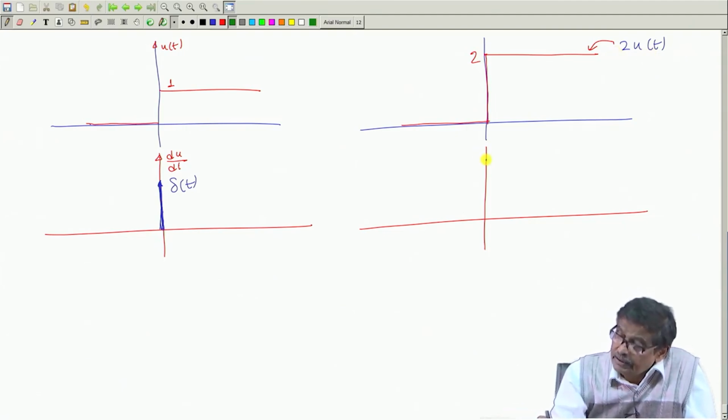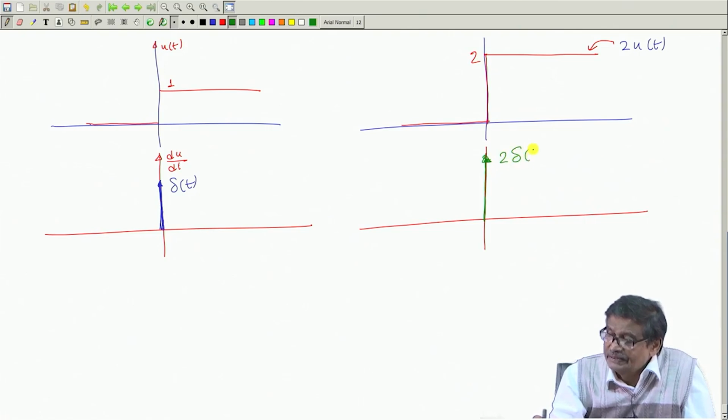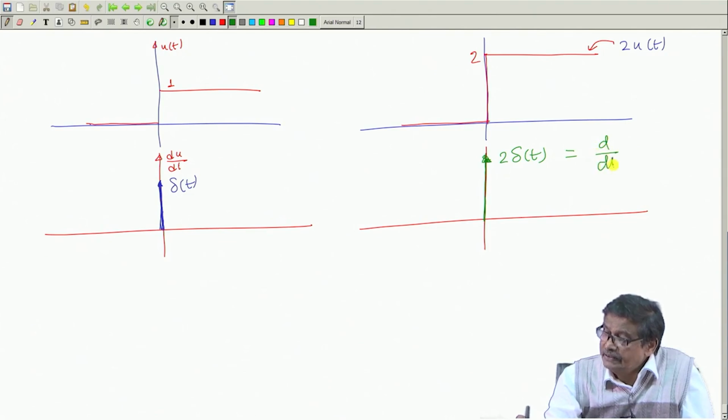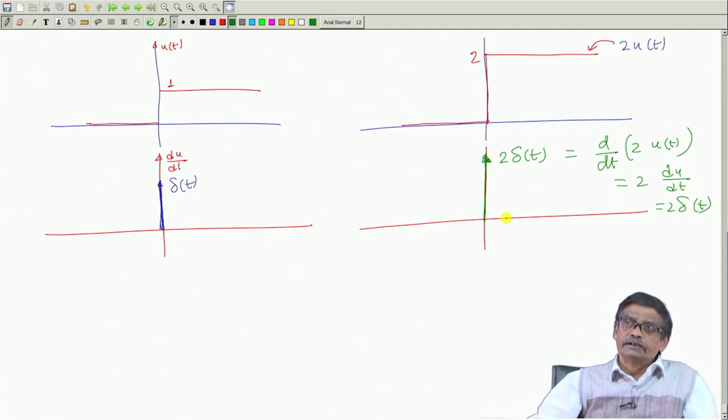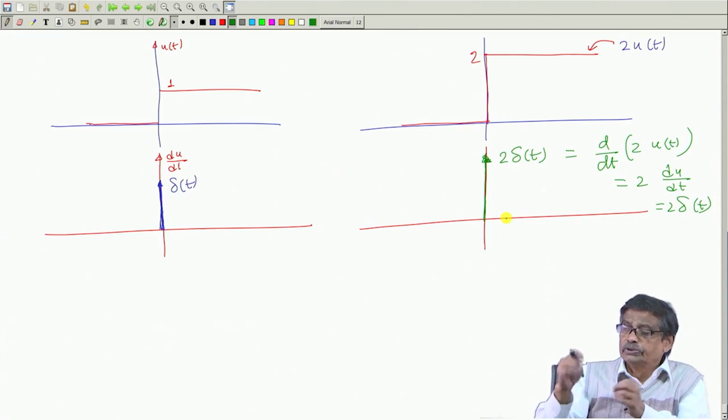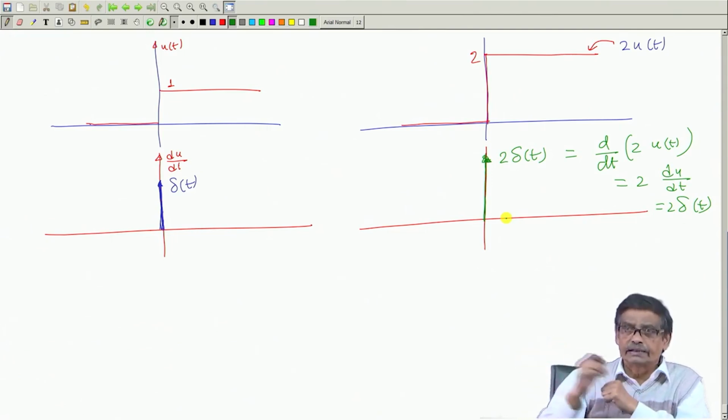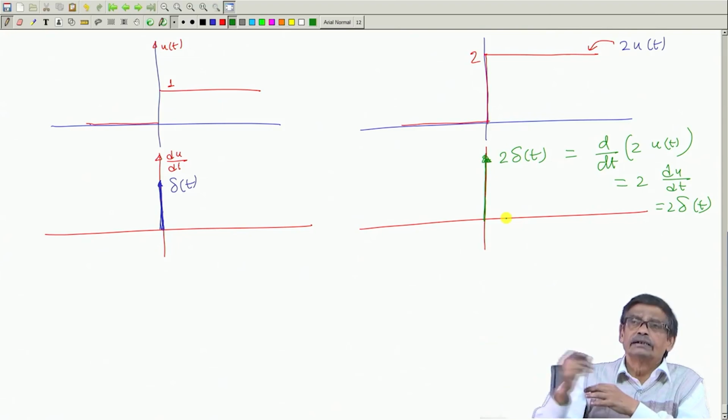So, you will still get an impulse, but you should write it as 2 delta(t). So, d/dt of 2u(t) is equal to 2 du/dt is equal to 2 delta(t). The impulse function is an important function in circuit analysis, which we will explore further in some later lectures.